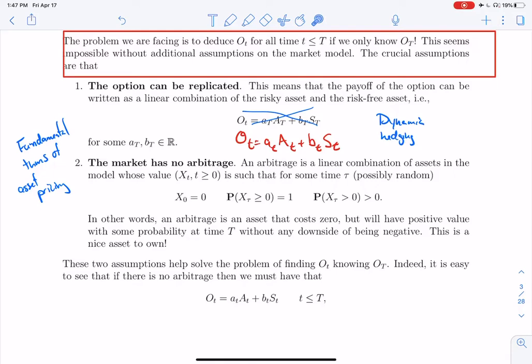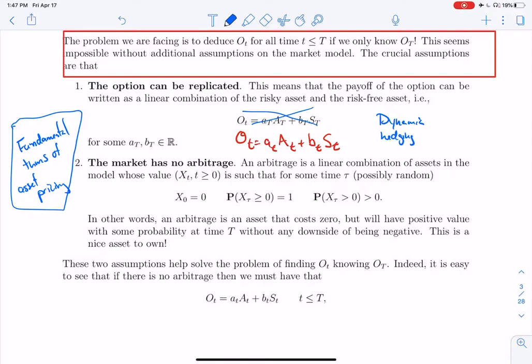Now, these modeling finance assumptions turn out to have some more probabilistic meaning, and that's the content of the fundamental theorem of asset pricing that I might discuss at the end. For now we'll just take these as granted and try to price things.